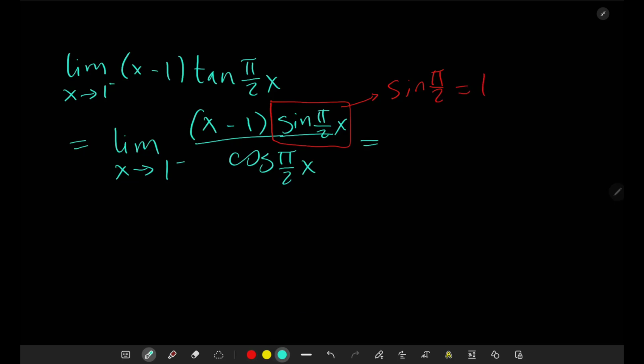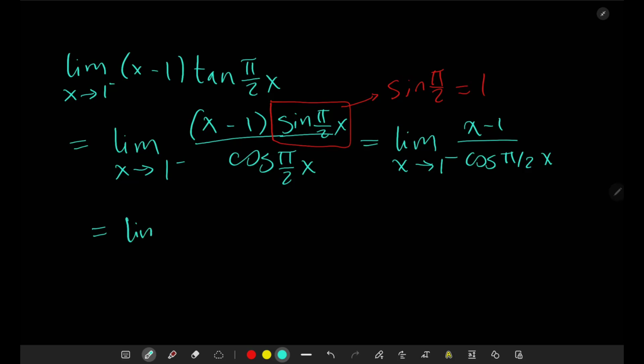So I can simply write this as the limit as x goes to 1 from the left of x minus 1 over the cosine of pi over 2x. And then at this point, I just do my L'Hopital's rule, because if I evaluate at x equals 1, I get 1 minus 1, 0. And here I get cosine of pi over 2, which is 0 as well.